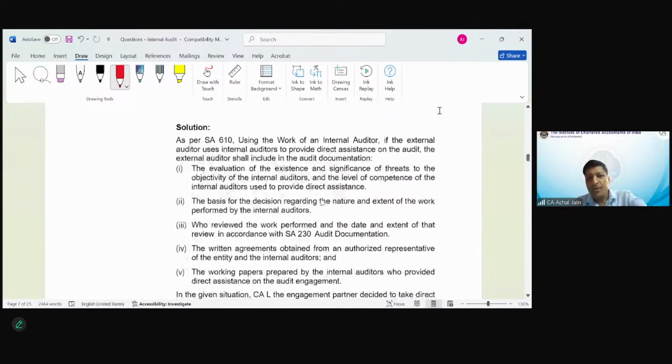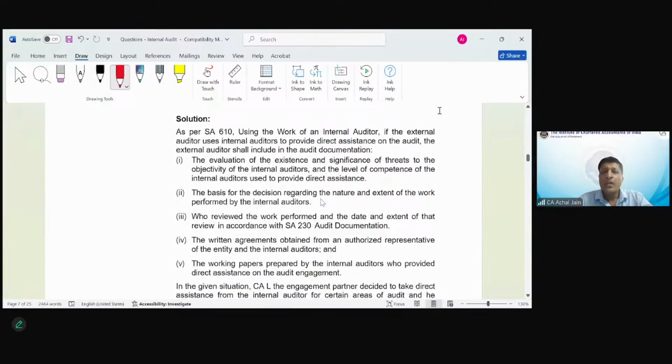All right, so let's try to understand. See, the external auditor shall include in the audit documentation: one, evaluation of the existence and significance of threats to the objectivity of internal auditors. Level of competence of internal auditors, again very important.